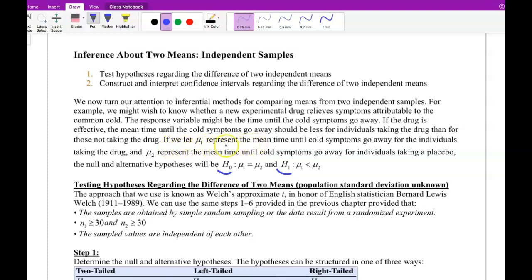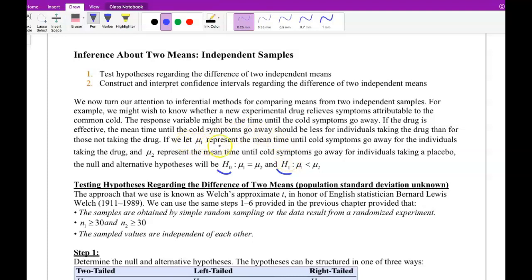So what we have: mu1 representing the mean time until cold symptoms go away for individuals taking the drug, and mu2 as the mean time until cold symptoms go away for individuals taking placebo. As always for the null, we have these two equal to each other.